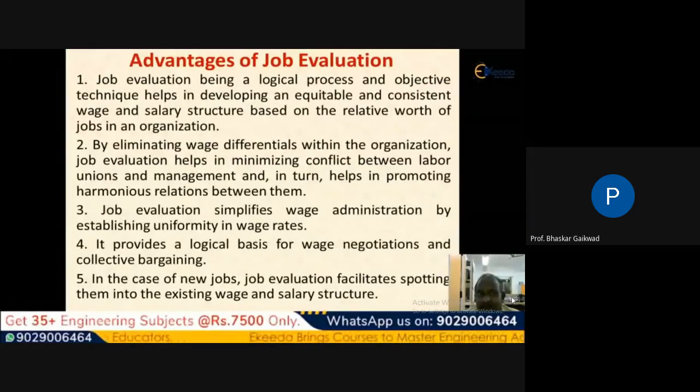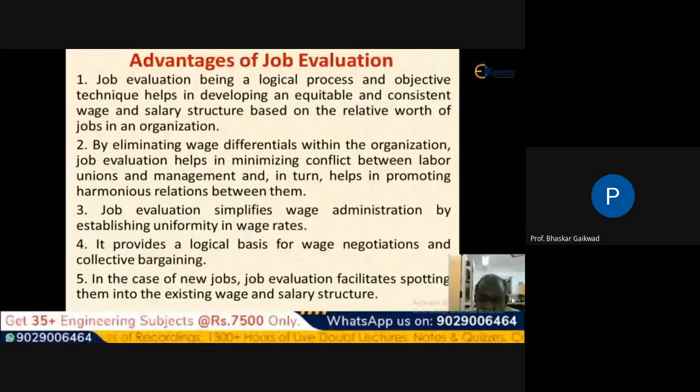Then it becomes a logical way of providing for wage negotiations and collective bargaining. That means, suppose I am demanding 100 rupees extra on a particular day, then as a management, I will say no, as per the salary structure, this is not the case to be done today.